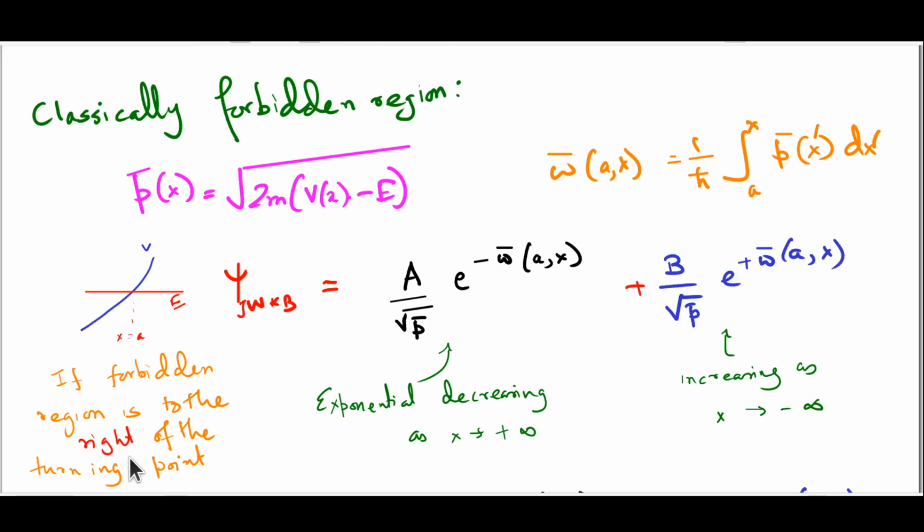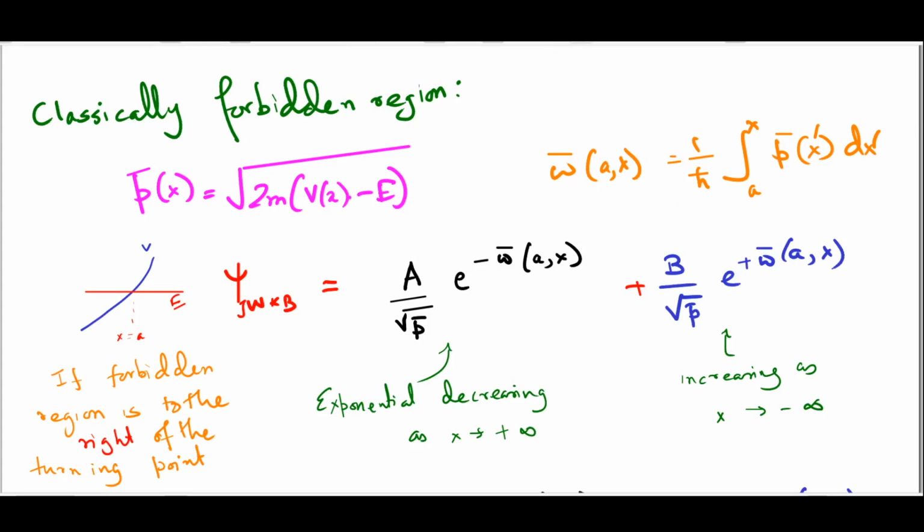In such a situation, our standard calculus notion of the words increasing or decreasing actually matches what we mean here. So, e to the minus w bar a comma x is the exponentially decreasing function as x goes to larger and larger values away from a, and e to the plus w bar a comma x is the exponentially increasing function as x becomes larger and larger away from a.